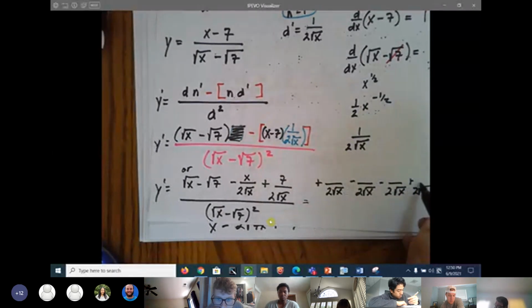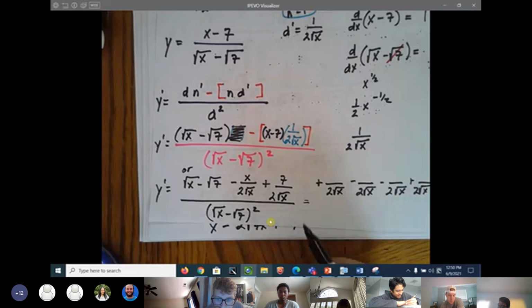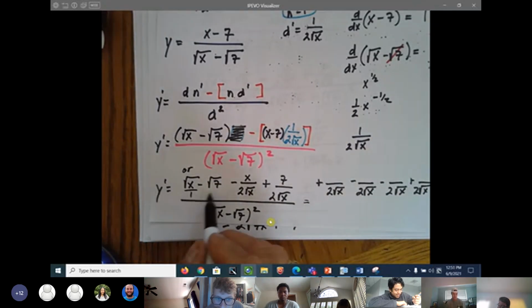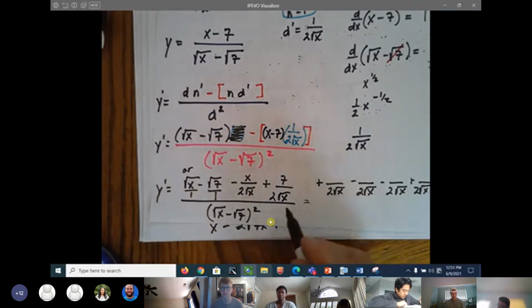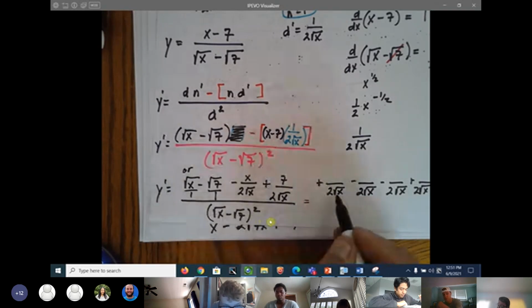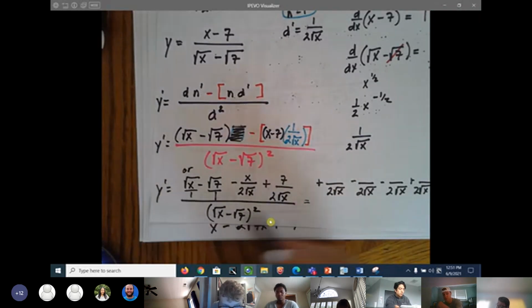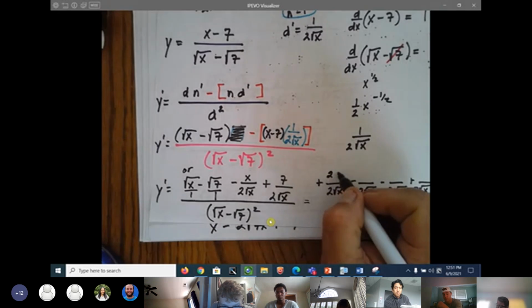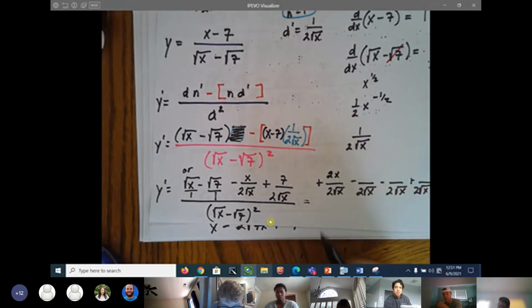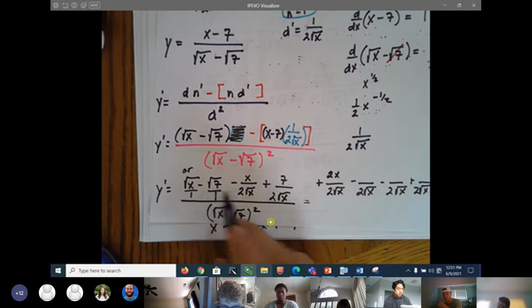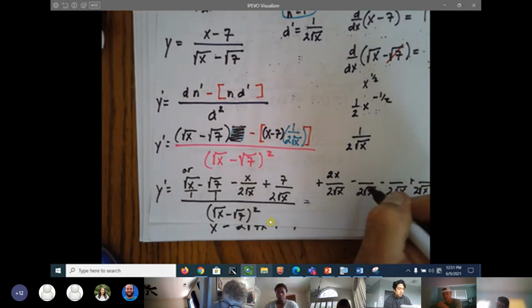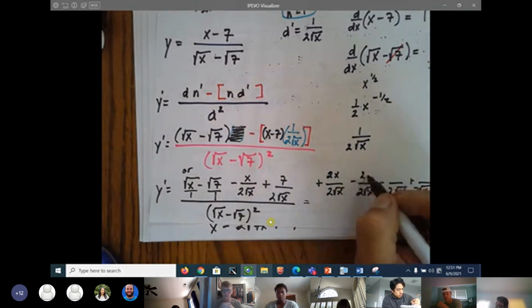I'm just thinking out loud here. And this is a 1, and this is a 1. So that would be 2 square root of x times square root of x is 2x. 2 square root of x times 7 is 2 square root of 7x.